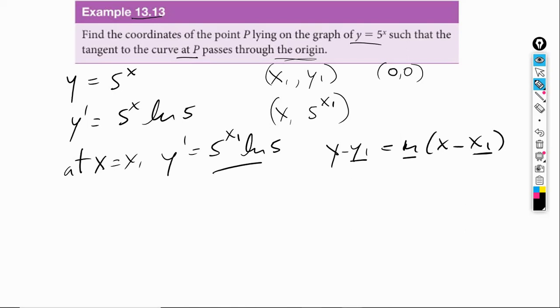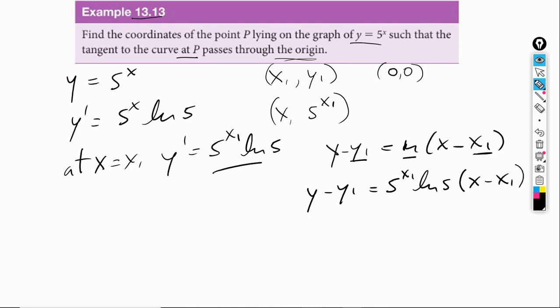So what we have here already is the slope. So let's rewrite it using the slope. We would say that y minus y1 is equal to 5 to the x1 natural logarithm of 5 times x minus x1.